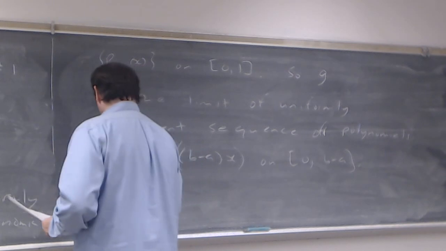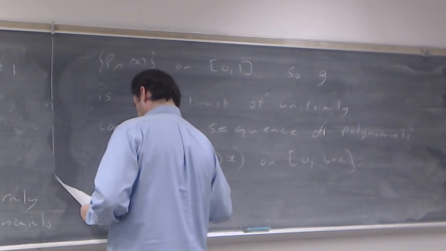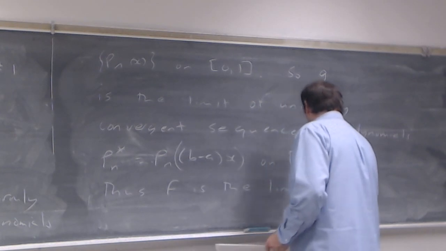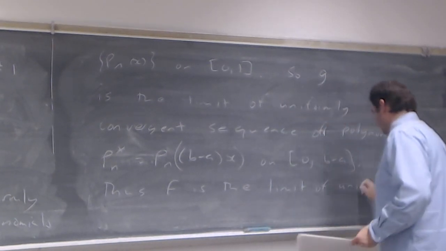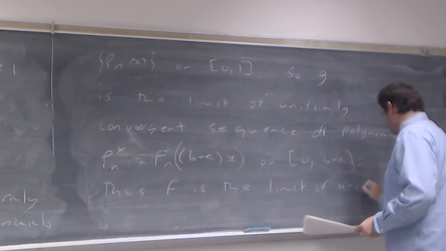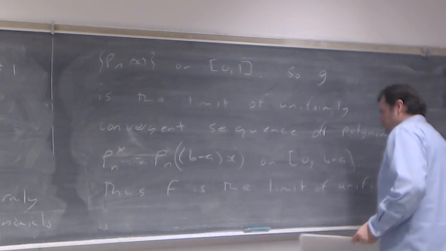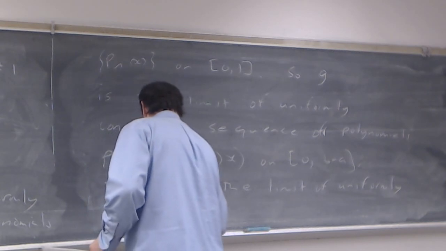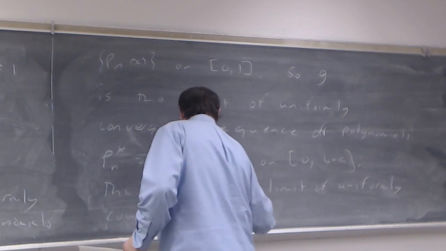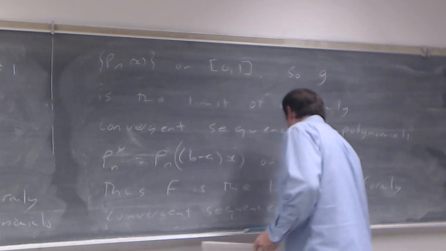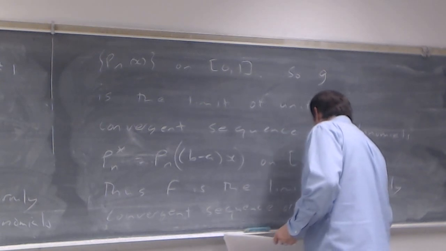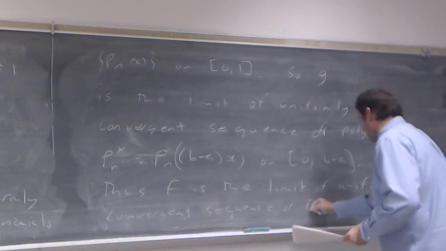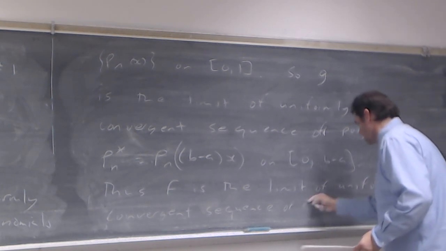Thus, f is the limit of a uniformly convergent sequence of polynomials.